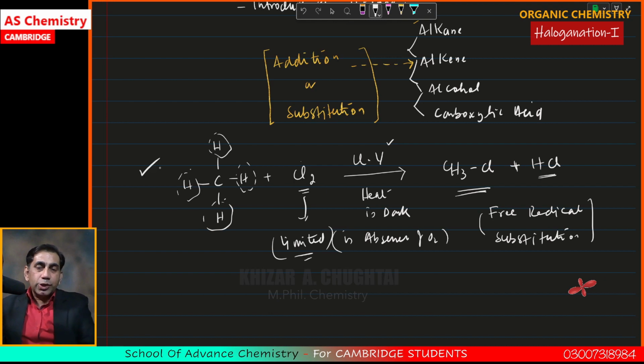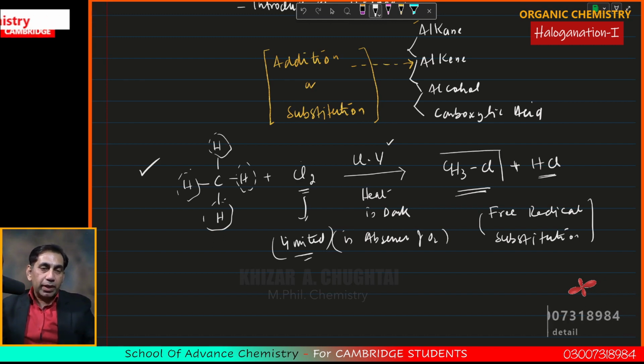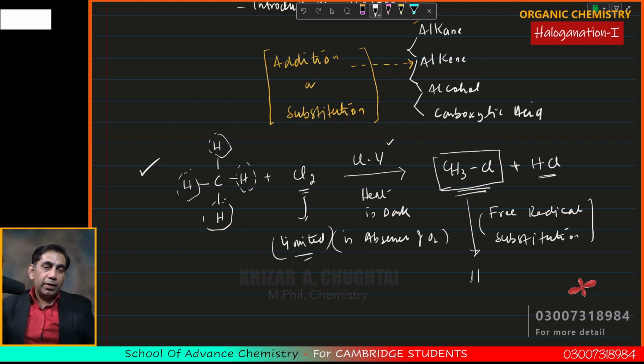So in this way we can introduce halogens to the alkane. And what is this compound that has been made? It is called haloalkane. So we have made haloalkane.